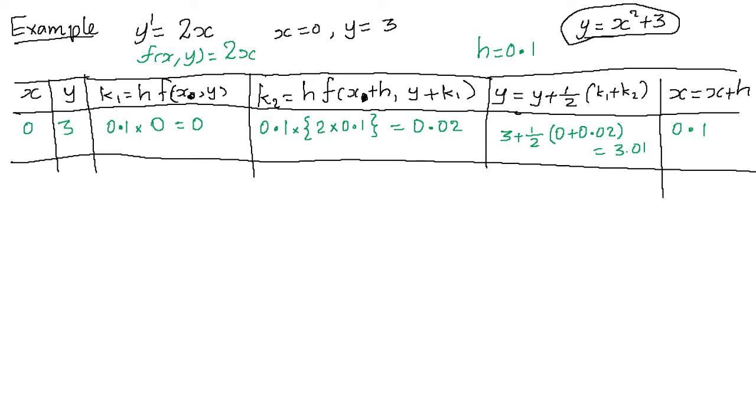That means we have just replaced x with 0.1, and in the next step we will begin with x equal to 0.1 and y equal to 3.01. So with this we calculate k1. We will get some value for k1. With that we calculate some value for k2.